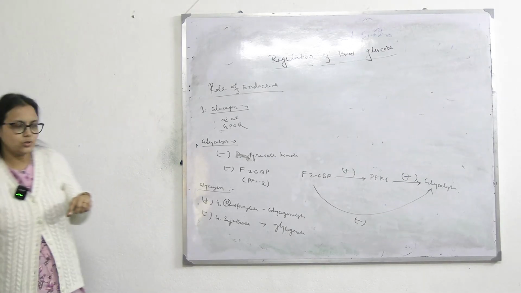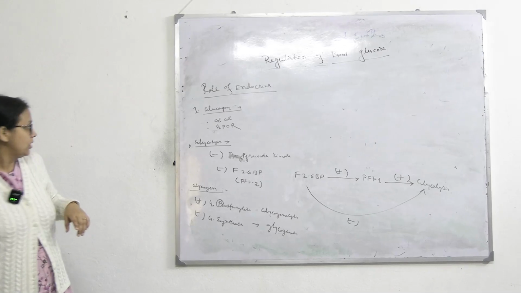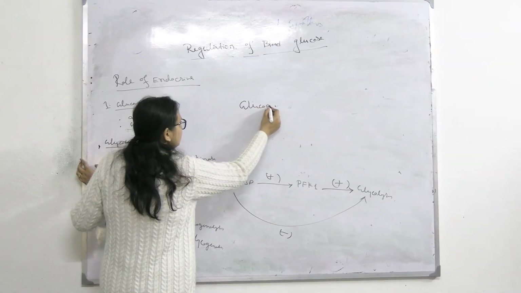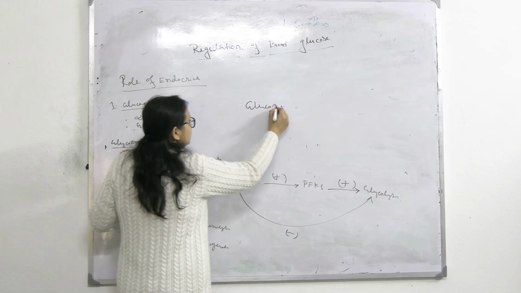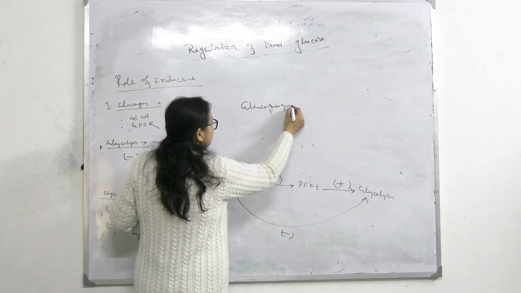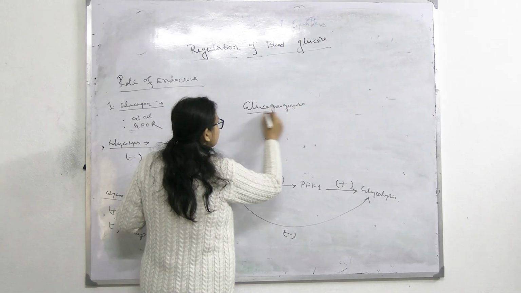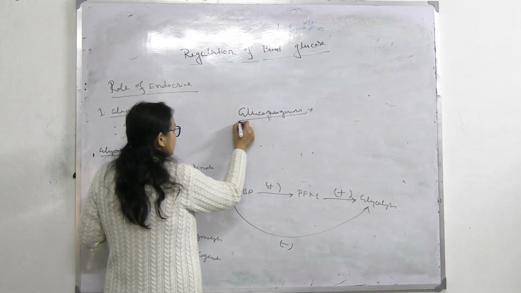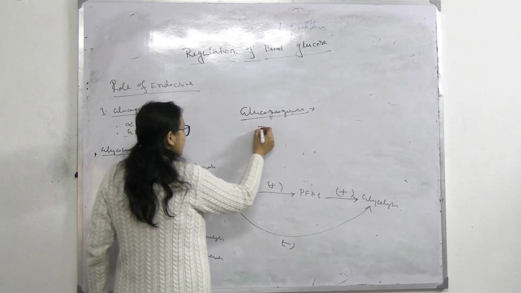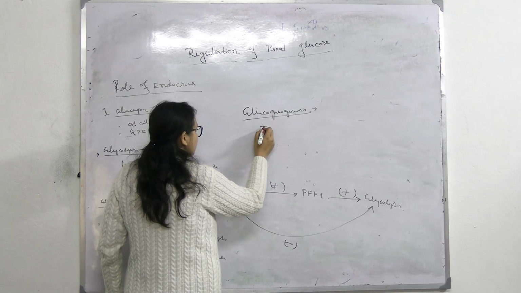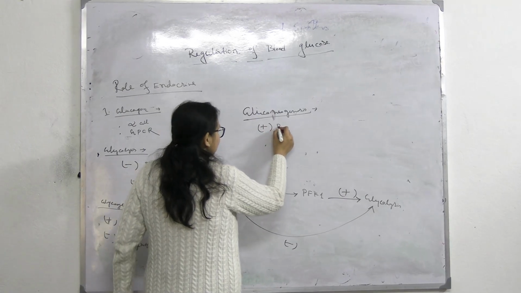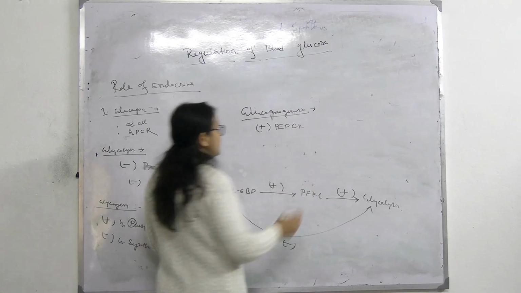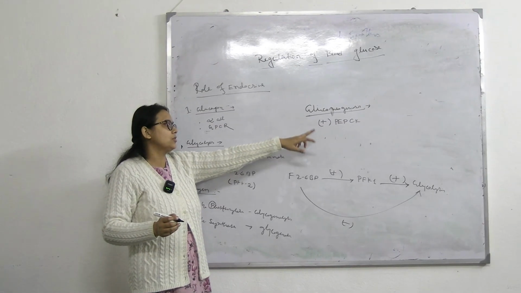Now coming to gluconeogenesis. Name some key regulatory enzymes of gluconeogenesis. Yes, in short it is written as PEPCK, phosphoenolpyruvate carboxykinase.